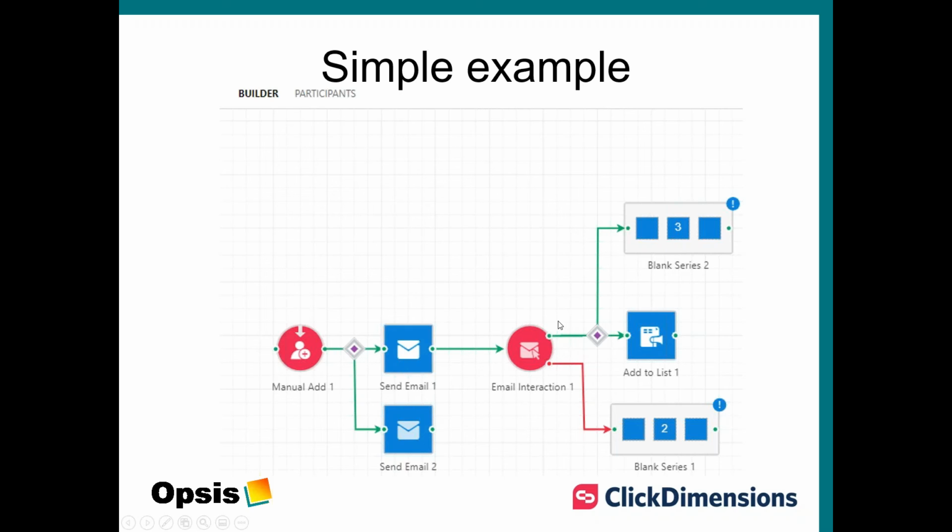Moving on from here, if they interact with that email, that's this green line, we then get another branch and we're looking at something else. And based on that branch, we might add them to list 1, or we might send them this series of 3 emails.